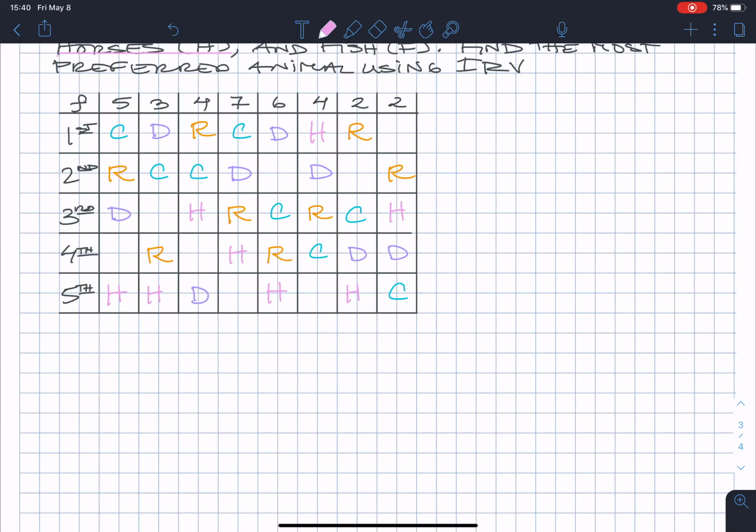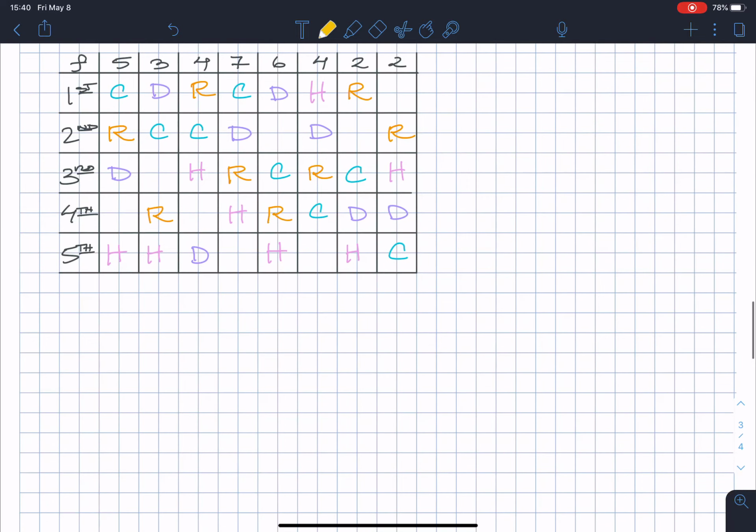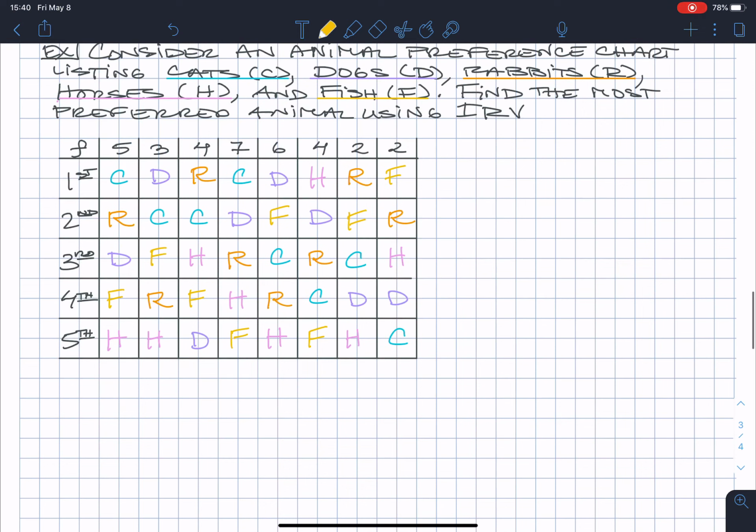And finally, let's do fish in gold. Fish just fills in the rest: 4th, 3rd, 4th, 5th, 2nd, 5th, 2nd, and 1st. Poor fish.